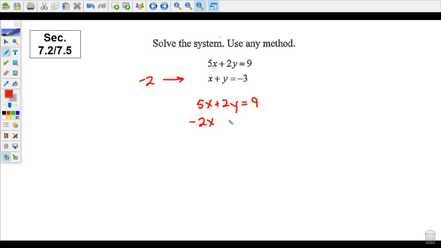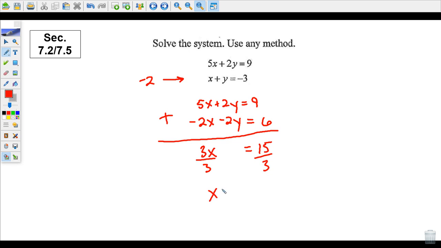So -2x minus 2y equals 6. Now these are opposites, so I can add. 5x plus -2x is 3x. When I add the 2y and the -2y, they cancel, they eliminate. 9 and 6 will give me 15. And then when I solve this, I'll get 5 for x.